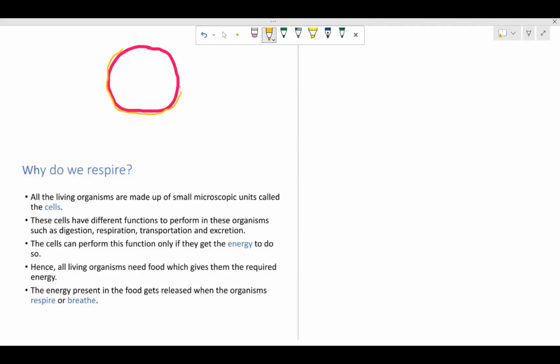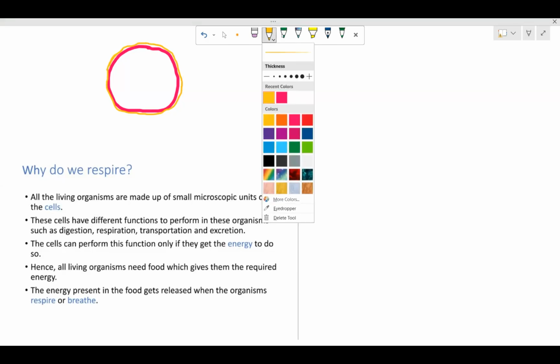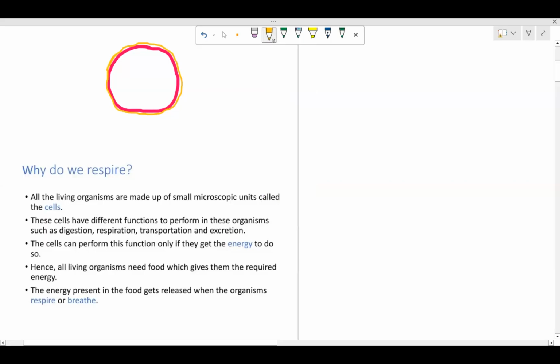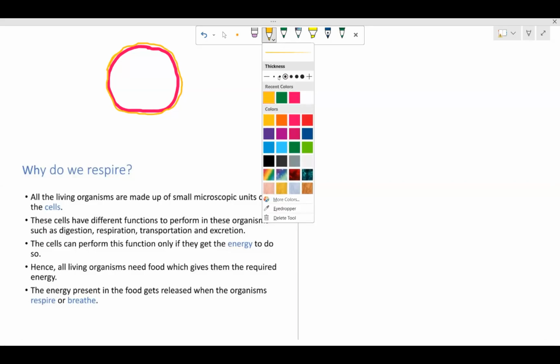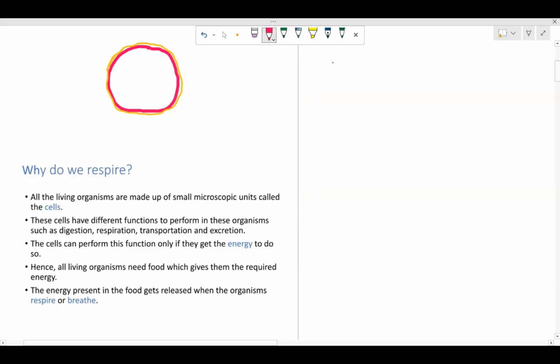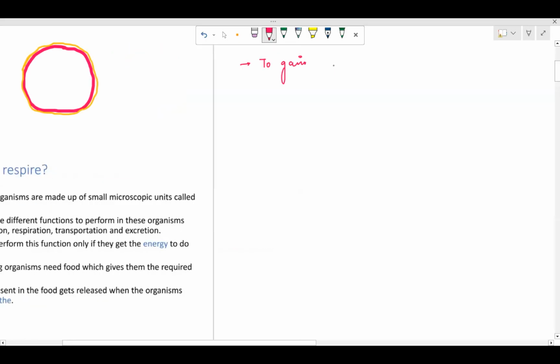So, one word answer: to gain the energy. Respiration is required to gain energy. Now, how do humans gain the energy?